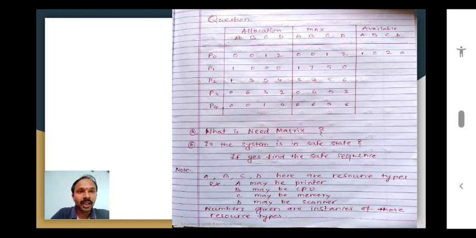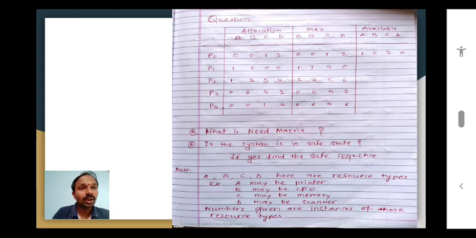Resource types may be printer: A might be printer, B may be CPU, C may be memory, D maybe a scanner. The numbers in front of the processes are the instances of those resources. So 0 means 0 instances, 1 means 1 instance, 2 means 2 instances.